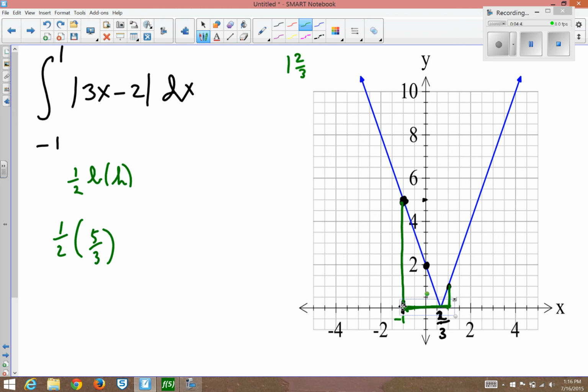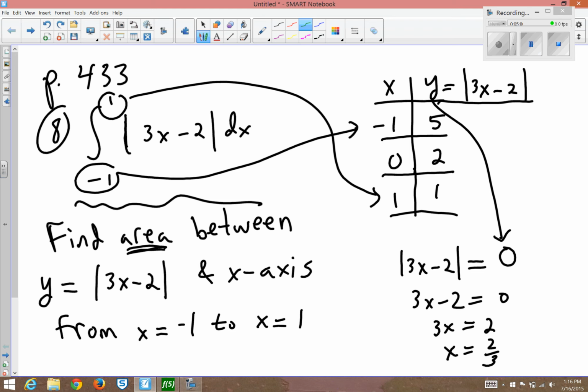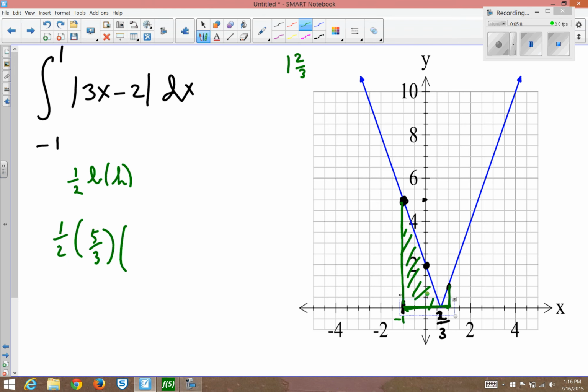That number is the base of this triangle here. And the height of that triangle is 5. The height of the triangle is 5. So right here is the area of that green triangle.